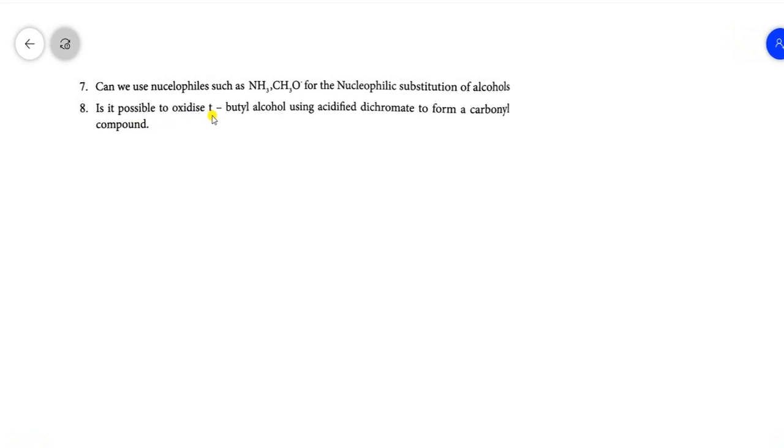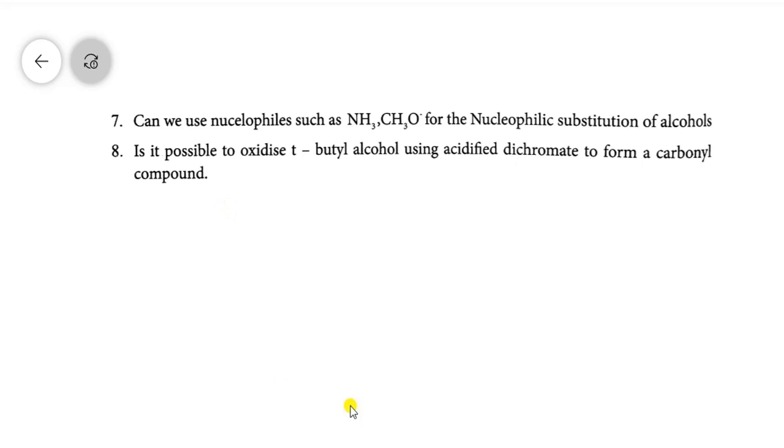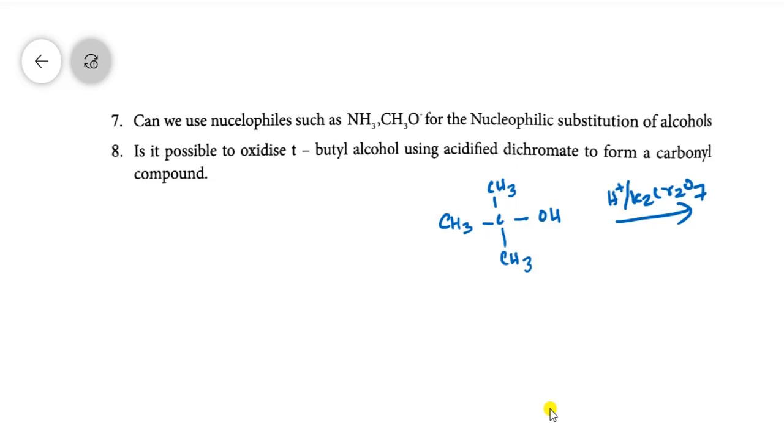Is it possible to oxidize tertiary butyl alcohol using acidified dichromate to form a carbonyl compound? Acidified dichromate is an oxidizing agent. In normal conditions, it is not possible.